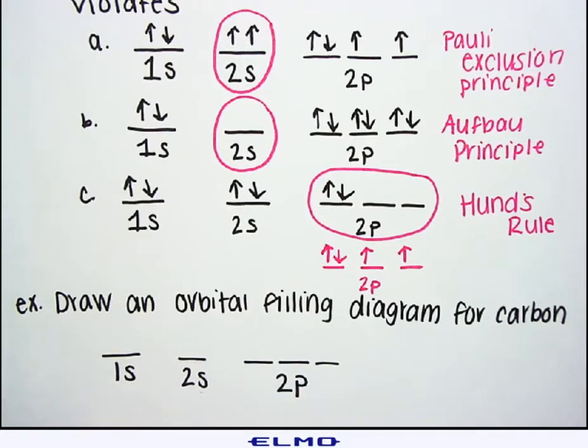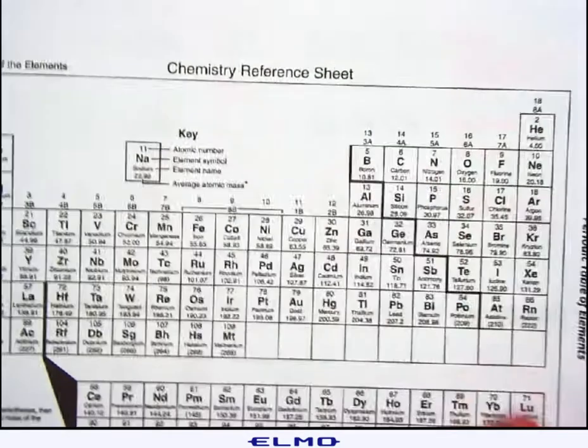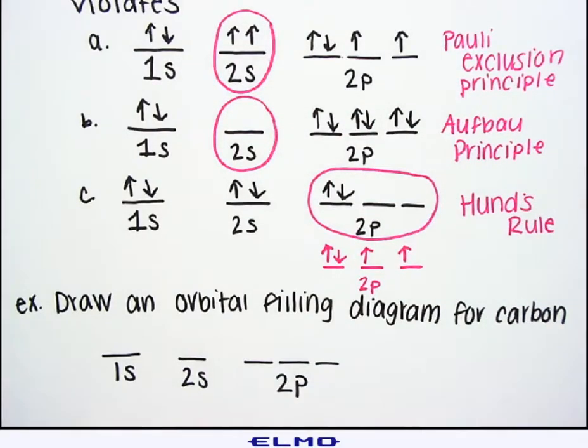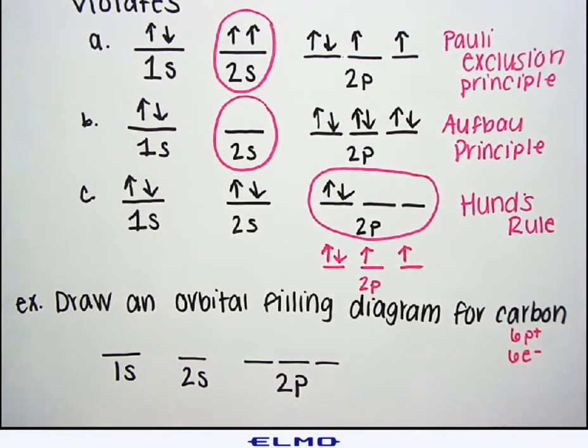So first, we need to know how many electrons there are. So we need to grab our periodic table. If we find carbon, carbon has an atomic number of 6. That means carbon has 6 protons. As an atom, carbon would have 6 electrons.